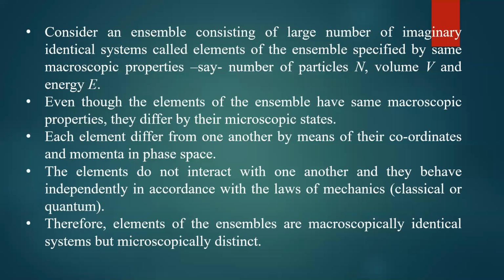Then each element differs from one another by means of their coordinates and momenta in phase space. Now if you take position, that is, the position of the room on the ground floor, the position of the room on the first floor, second floor, their positions are different. If you imagine a coordinate system or a phase space, they have different position coordinates.